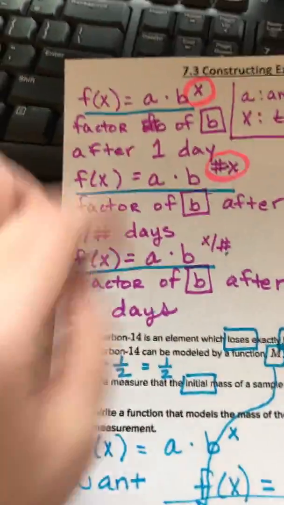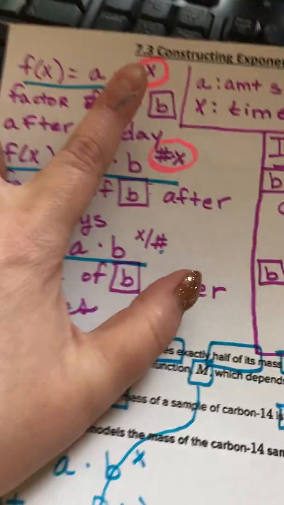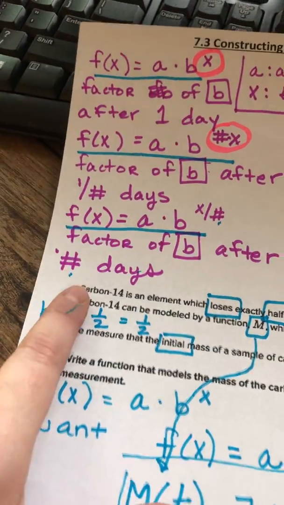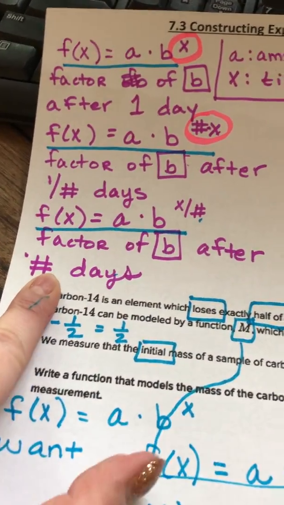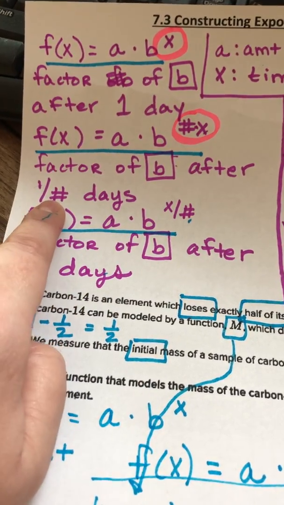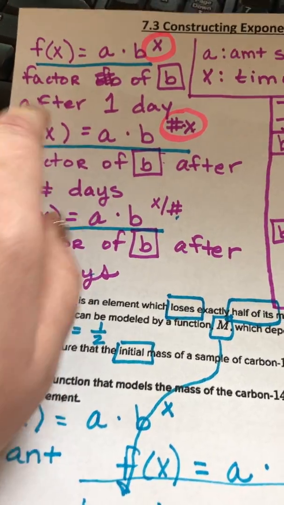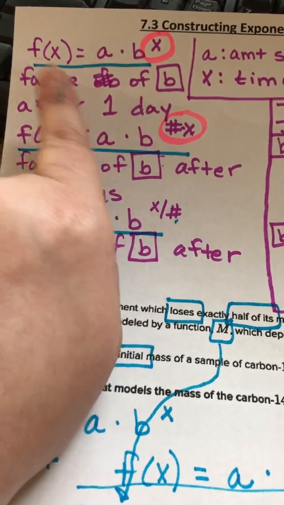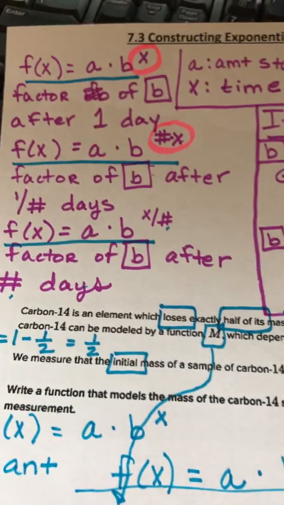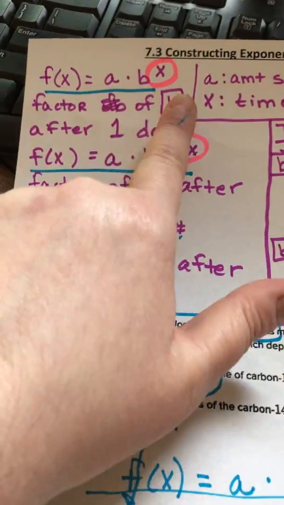every 1 week. So we're going to go back to those 7.3 notes and look for every 1 week or 1 day. It's not the number of days, because that means like 7 days. It's not this, because that means a fraction, 1 over a number. It must be this, after 1 day, or for us it's weeks. So we want the factor b.